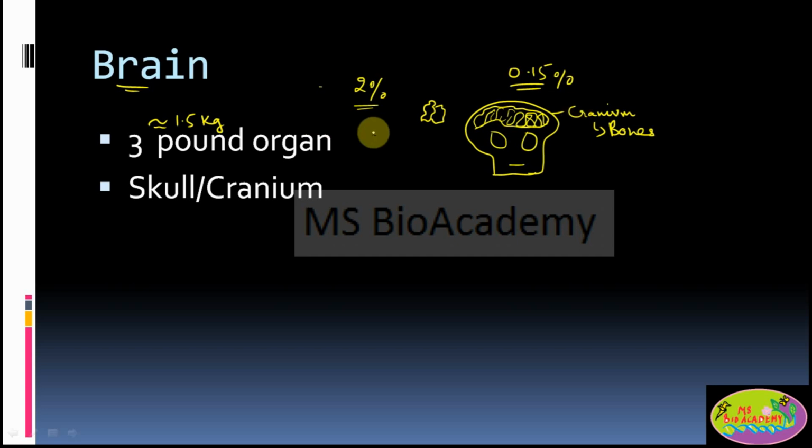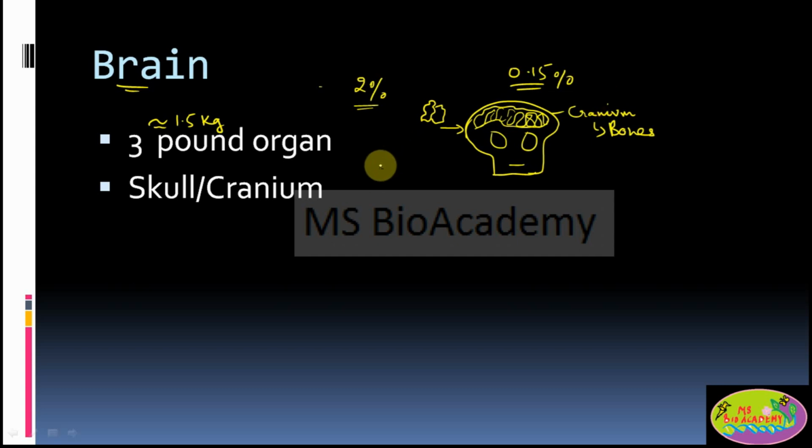The brain remains fine, working fine every time. It's because of this protective covering of the bony layer, which is called the cranium. So the cranium is a box of bones, holding our brain safe and secure inside.